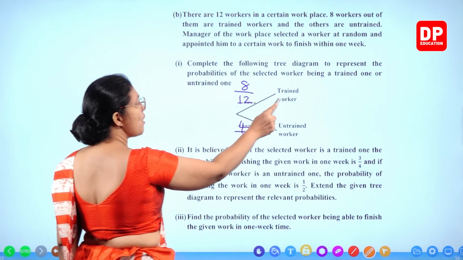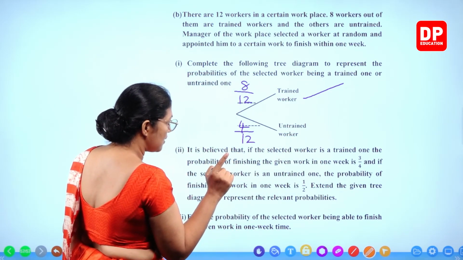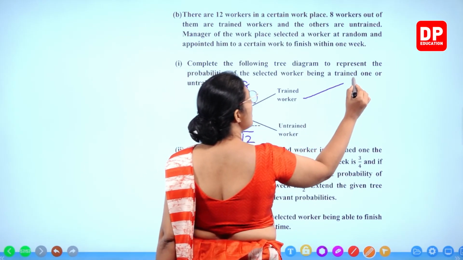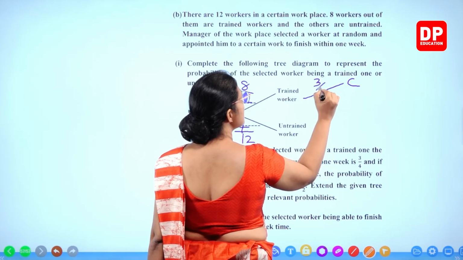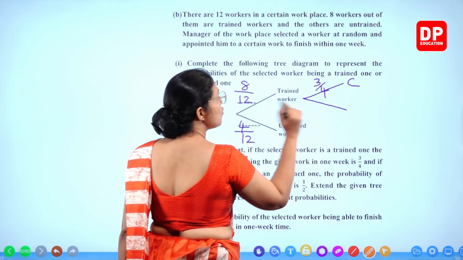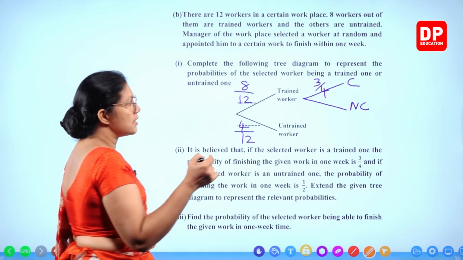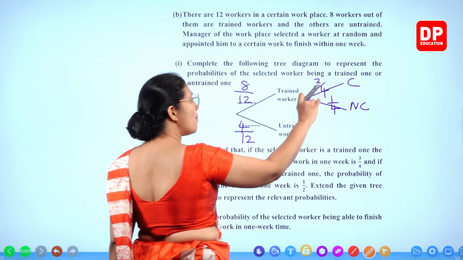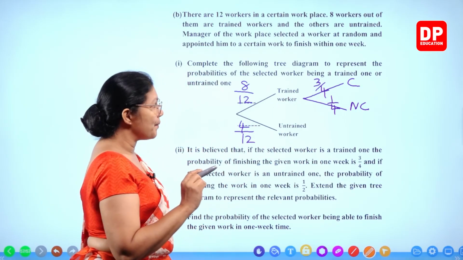If it's a trained worker, completing the task within 1 week is 3/4. So completing the task, I'll put C. 3/4. So what is not completing the task? 1 minus 3/4. That's 1/4. Because when you add the probabilities with different branches, that should add up to 1.